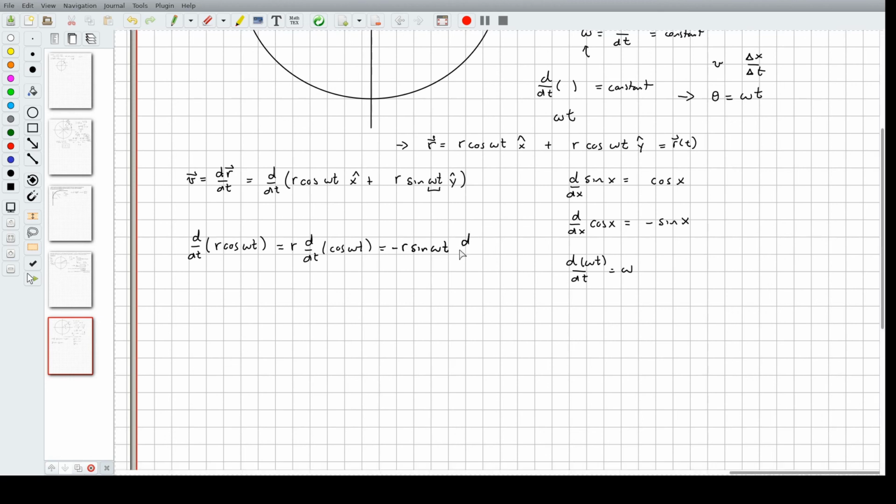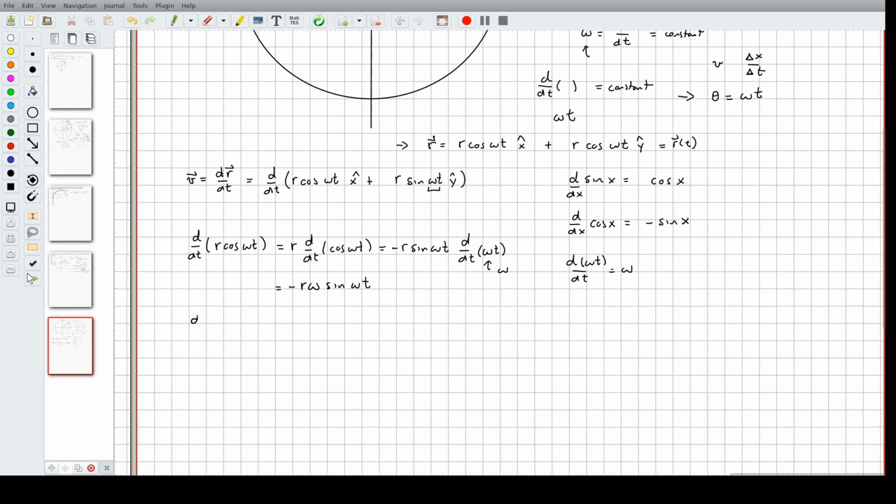But you still have to take the derivative of what was on the inside, which we did here. It's omega. So for this right here, it's minus r times omega sine omega t.